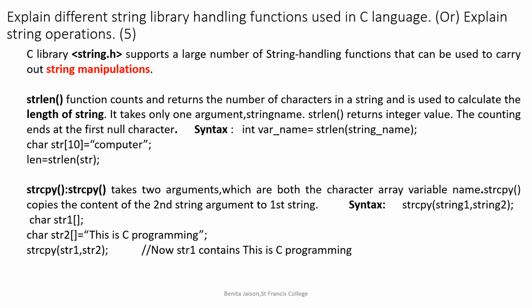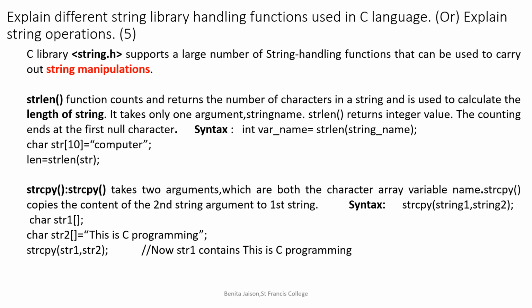The first function is the string length function, which counts and returns the number of characters in a string, and it is used to calculate the length of the string. It takes only one argument, the string name, and returns an integer value, which is the total count of the characters until the null character. As we know, each string is terminated with a null character.